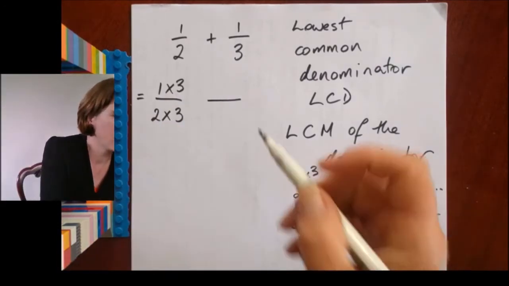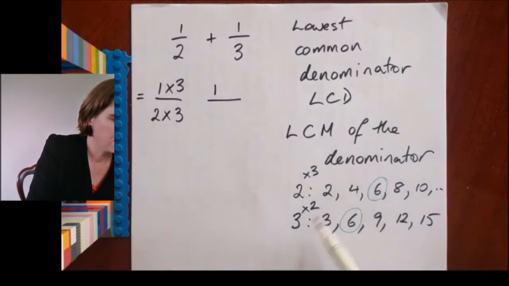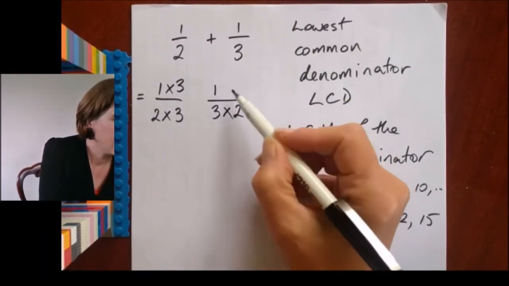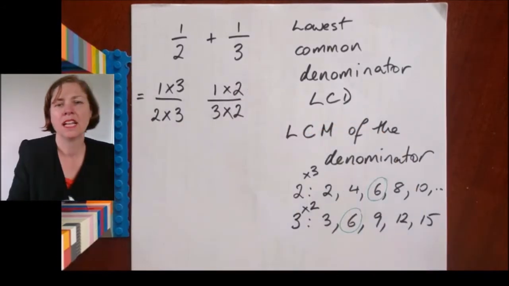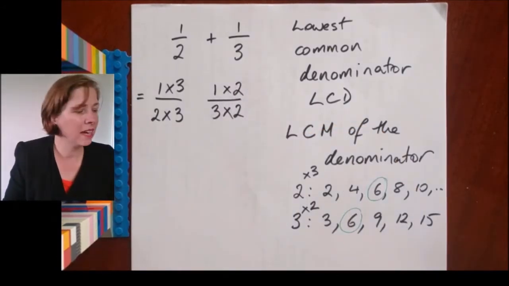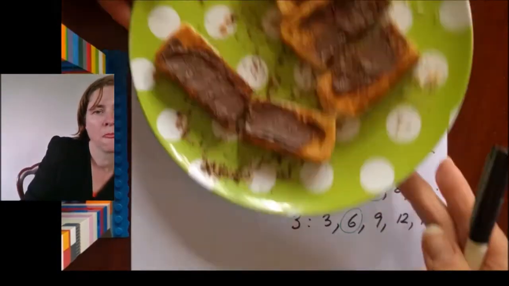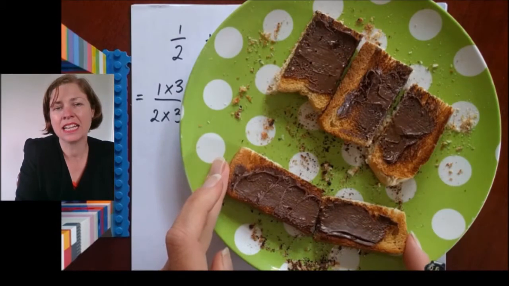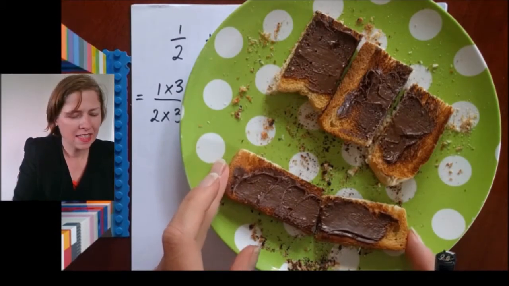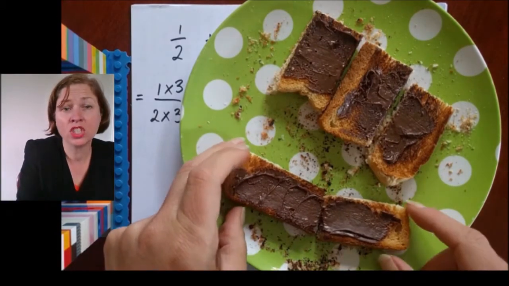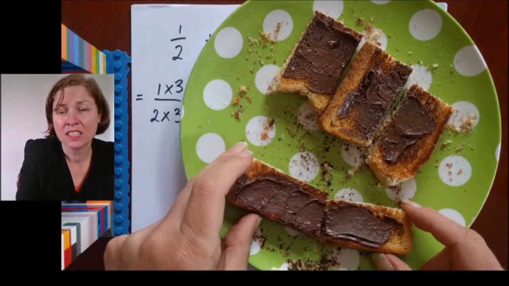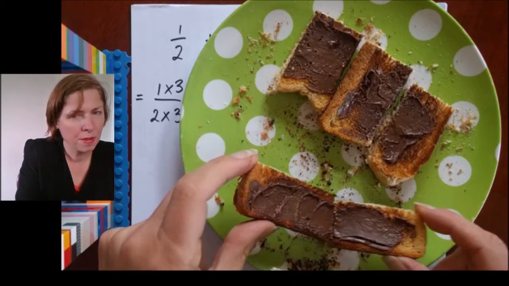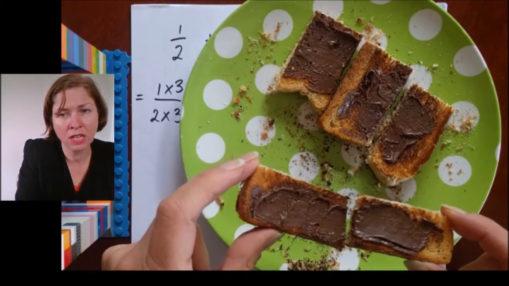Same goes for my thirds. If I have to double it to get 6 on the denominator, then I'm going to double my numerator as well. And I have to double that because with my toast, what I originally did was I took this 1/3 and I cut it in half. So when I did that, I changed my thirds to sixths. So there were 6 pieces instead of 3 for the whole bit of toast, but also my Nutella bit got doubled as well.